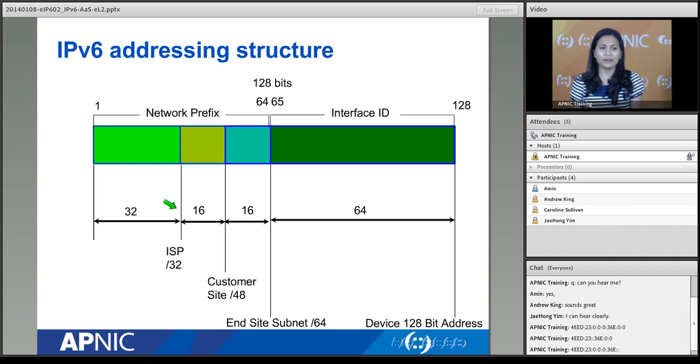That's because there is a very big likelihood that if we're not concerned with aggregation, your IPv6 routing table will grow very huge because of the amount of available IPv6 address space.